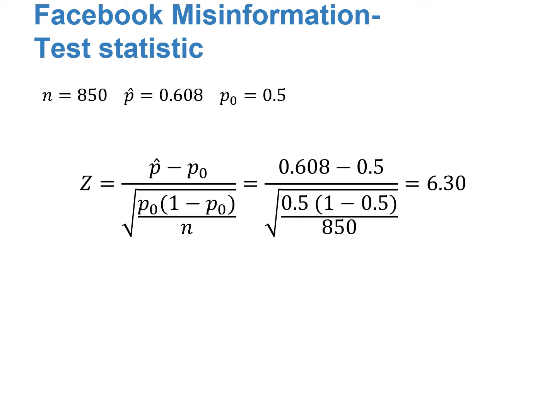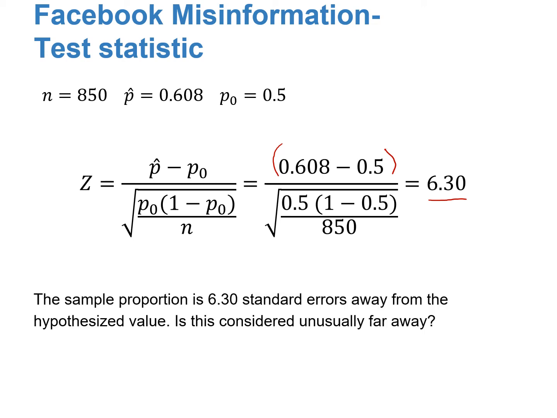And one thing to keep in mind is, in order to have the order of operations worked correctly, if you're typing things into your calculator, you're going to need to put parentheses around the numerator. Then divide that by the square root of 0.5 times 1 minus 0.5 divided by 850. This gives us the value of the test statistic of 6.30 if we round to 2 decimal places.